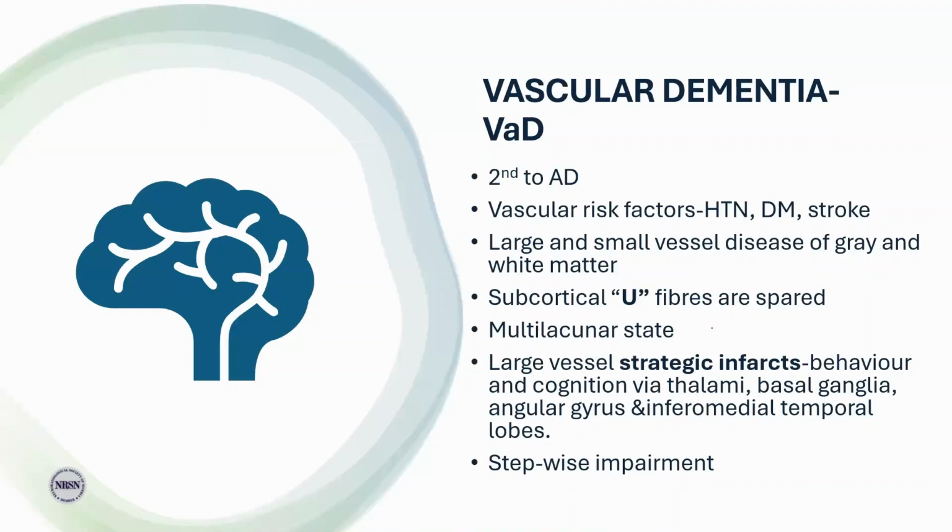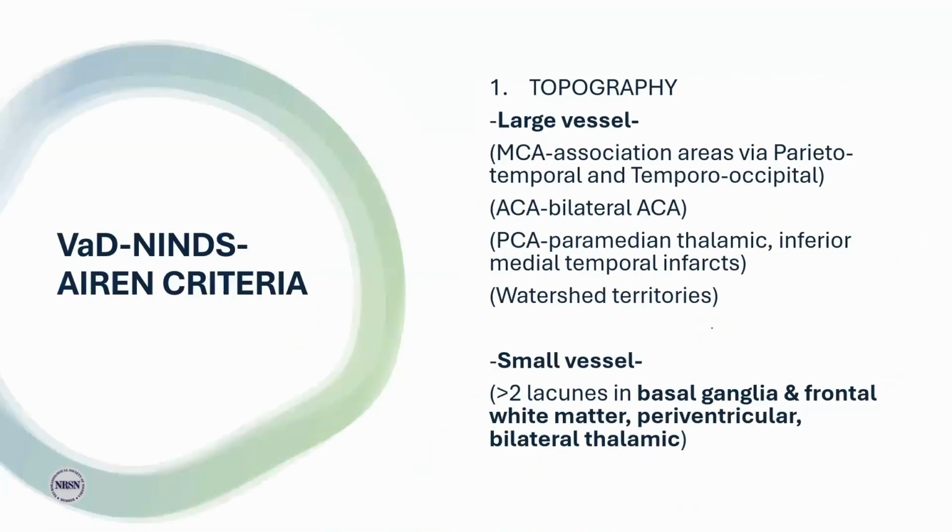Now, large vessel strategic infarct, which connotes neurons that are responsible for behavioral patterns and cognition, are seen in the thalamus, the basal ganglia, and the angular gyrus especially. So when there are infarcts in these areas, they point towards a vascular cause of cognitive impairment. And it is also seen that in vascular dementia there is a stepwise impairment of cognition.